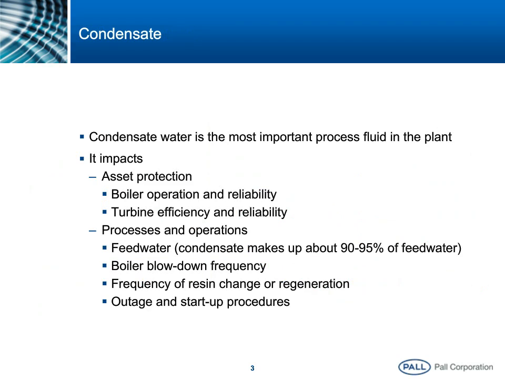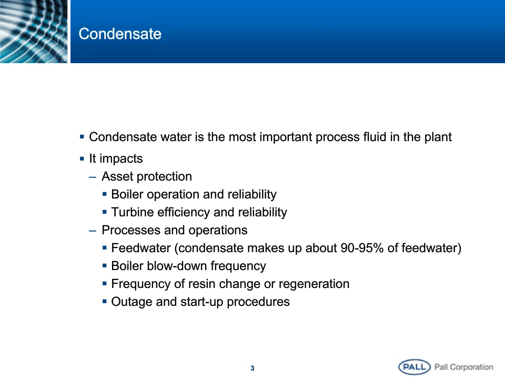So if we dive a little more into the condensate water, a few things to put in perspective right away. We'll see that it impacts both assets and how we hope to protect them, but it also impacts processes and the operation. On the asset side, we'll concentrate on boiler reliability and operation as well as the turbine, as I mentioned earlier. In terms of processes, we'll talk about the feed water, which is made up about 95% by condensate itself.